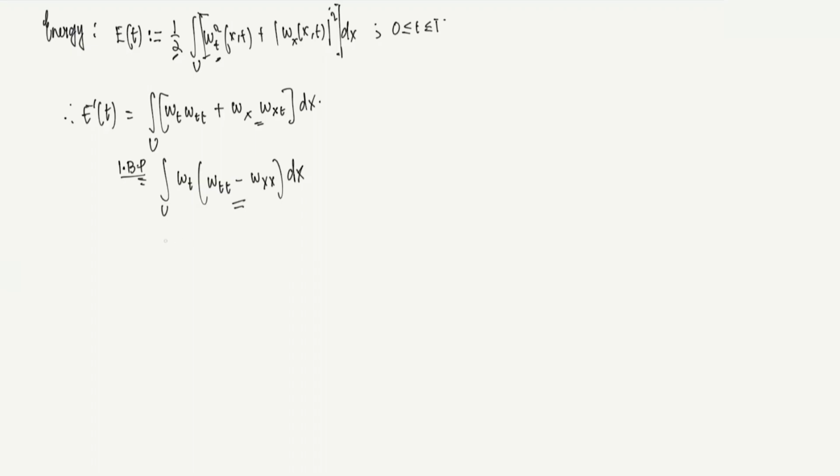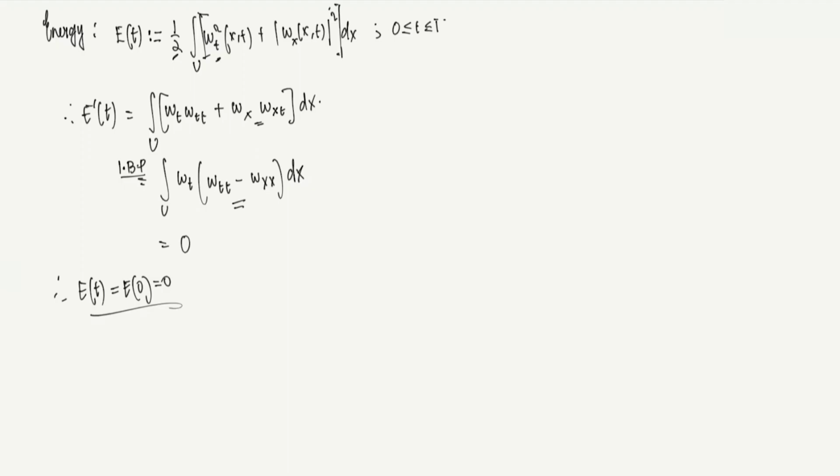Now you see WTT minus WXX is 0. So basically this is 0. Therefore what it is showing is that the energy with respect to time t is essentially 0. So basically E prime t is 0, which means energy is constant. That's what we know, that for a system the energy is constant. So this is the mathematical proof of it.